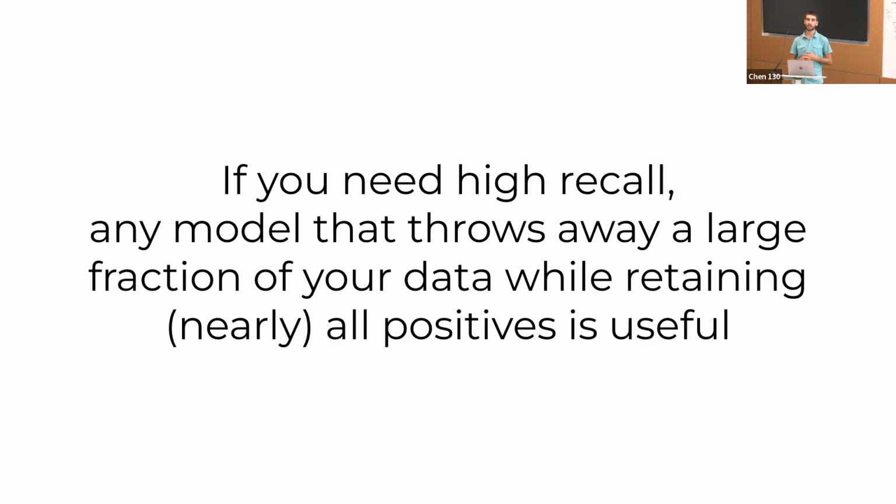Any model that throws away a large fraction of your data, right, while retaining the thing that you're interested in. So often this is the scenario with like the onboard detection on a camera trap, or the types of sensors that are throwing out a lot of data and only retaining some. As long as the thing is throwing out most of the data and retaining the thing that you're interested in, then it's a useful model, right?